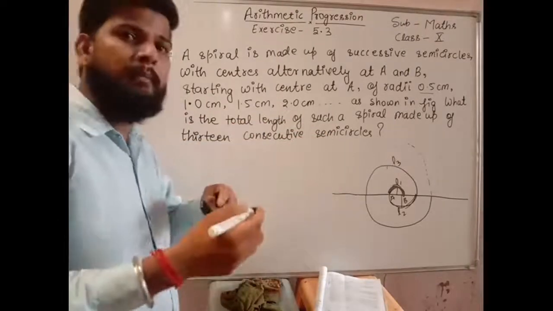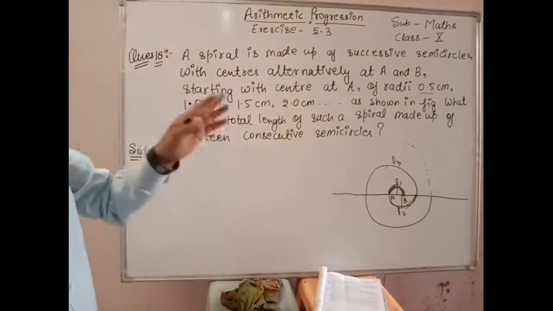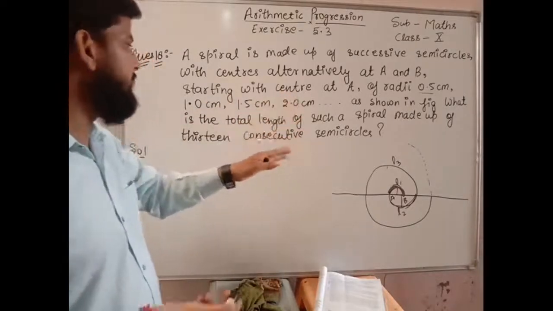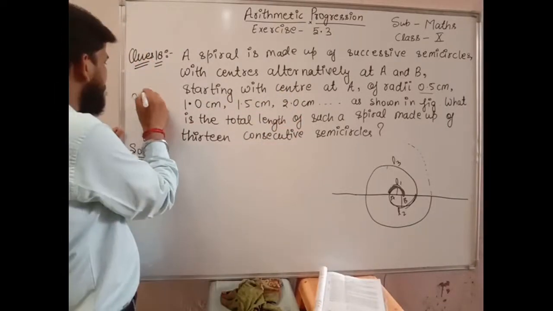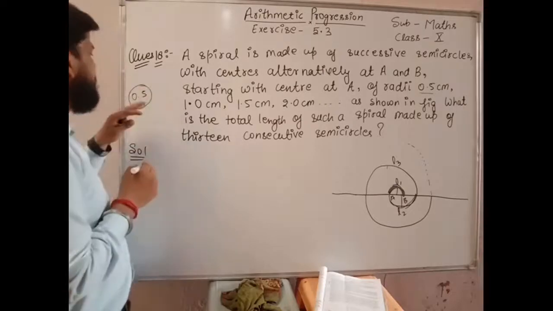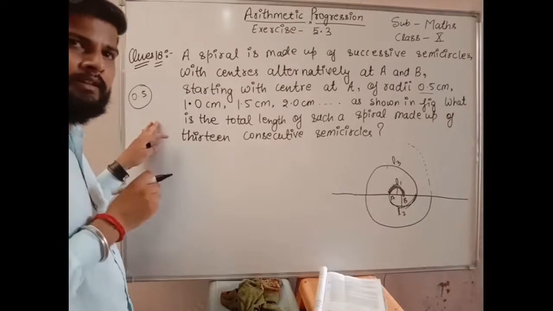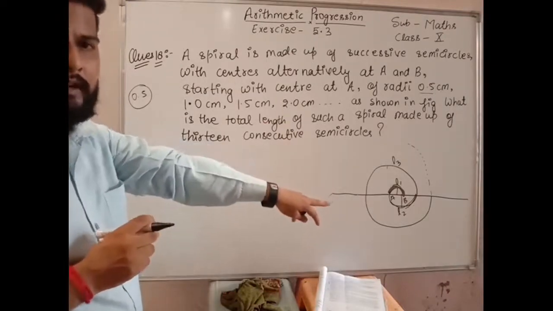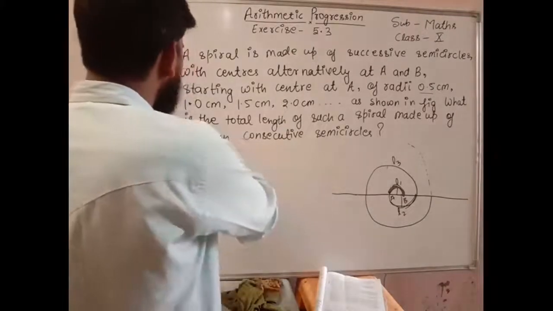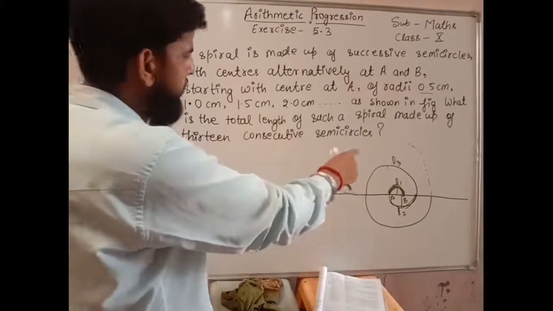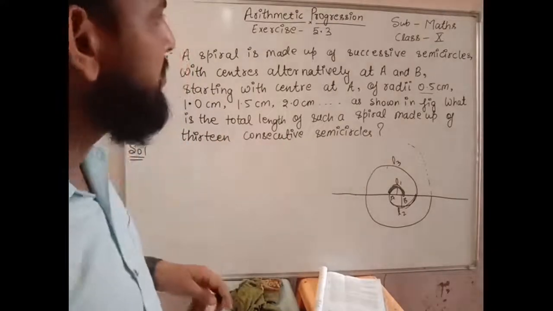Means every next semicircle has 0.5 extra radius from its previous semicircle. After that, we have to find the total length of such a spiral made up of 13 consecutive semicircles.